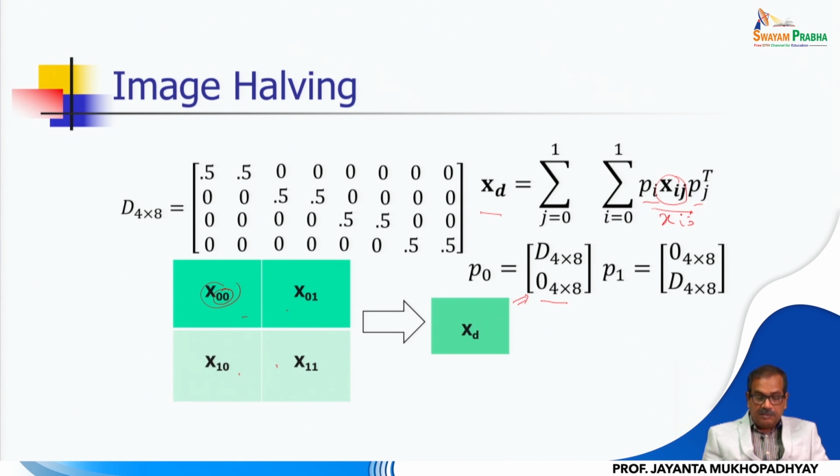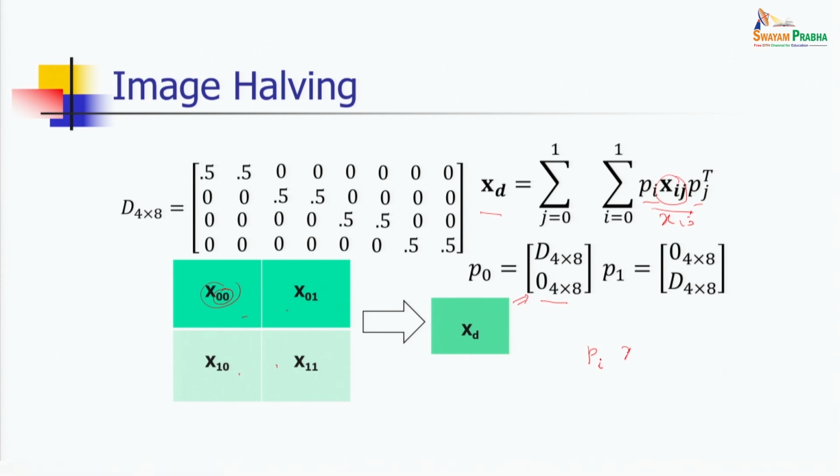So what we want to do, because we want to do everything in the DCT domain, and as the DCT is a linear and distributive operation, let me once again explain why it is so. Suppose Pi, Xij and Pj transpose. Say these are the matrix multiplications which give me the corresponding output in the processed domain.